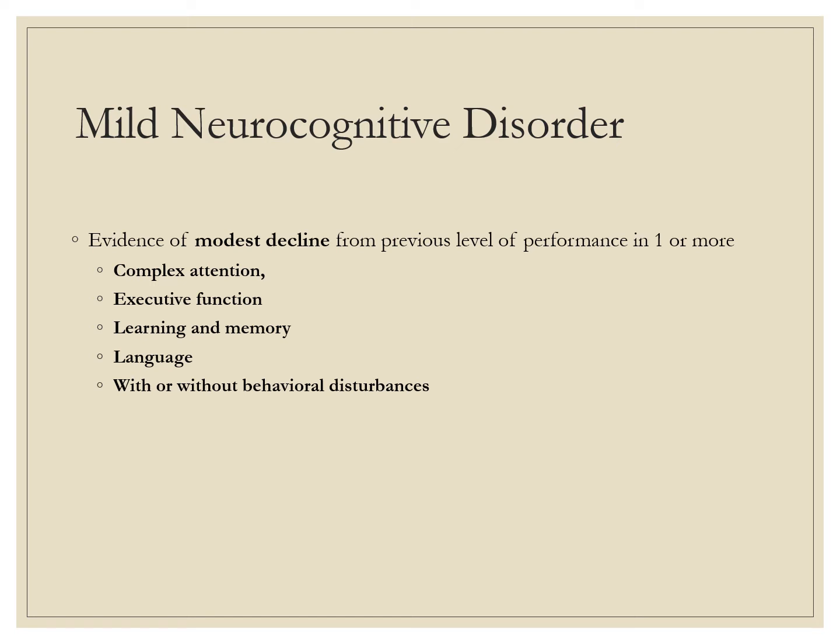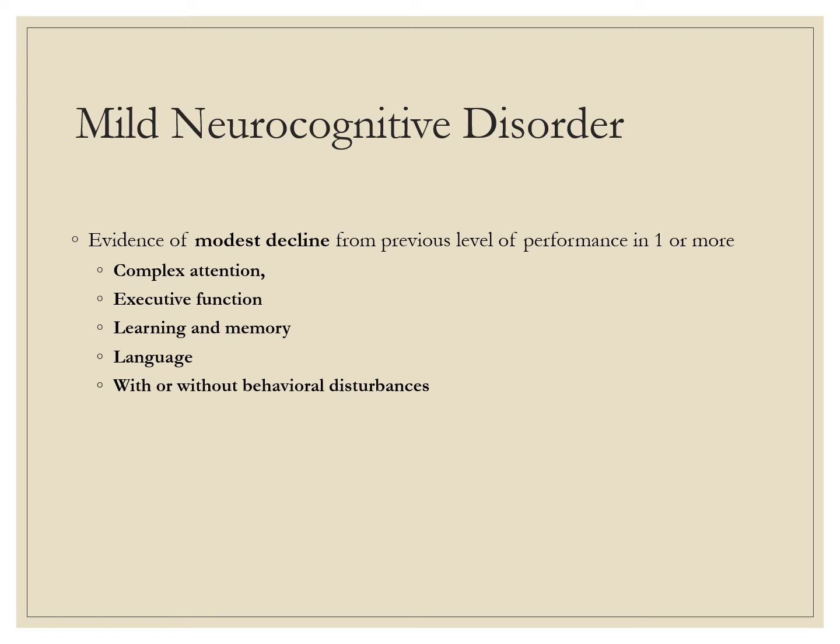Complex attention, which is your ability to track and respond to stimuli or to be able to perform mental tasks quickly and accurately, adding up numbers in your head, paying attention to what's going on if you're driving, being able to look at all the things and make a decision if you need to put your brakes on or not.